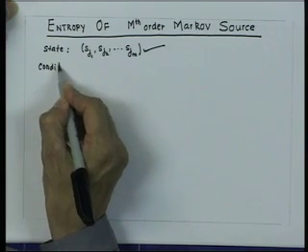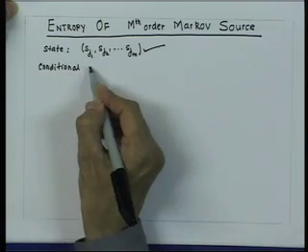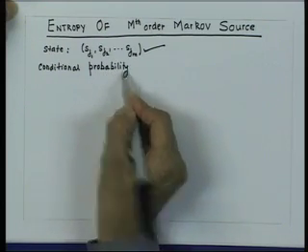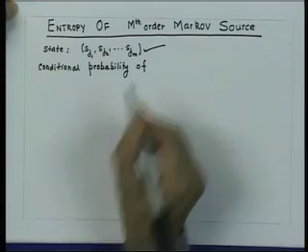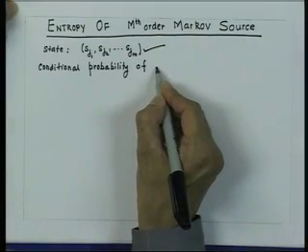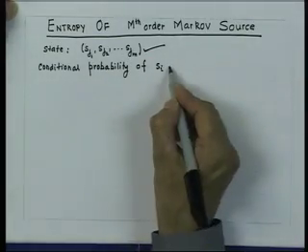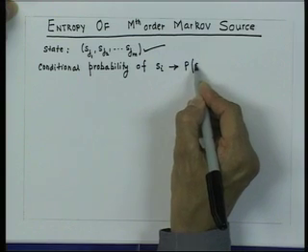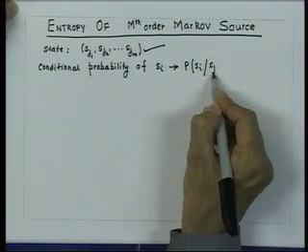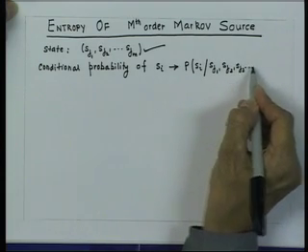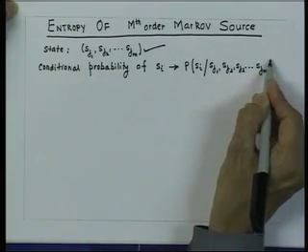So, let us find out the conditional probability of receiving symbol Si given I was in this state, which will be nothing but the probability of Si given Sj1, Sj2, Sj3 up to Sjm.